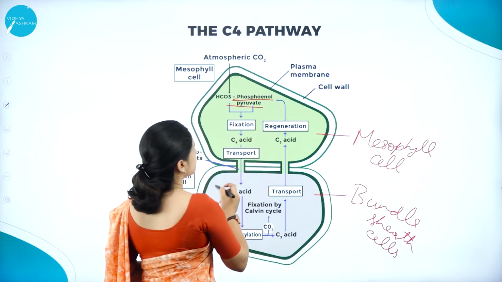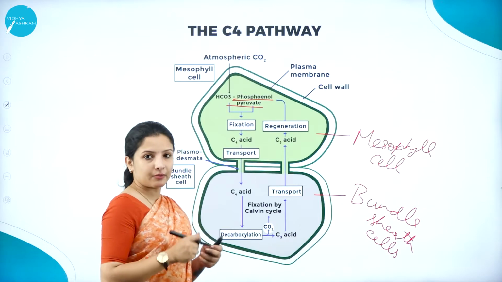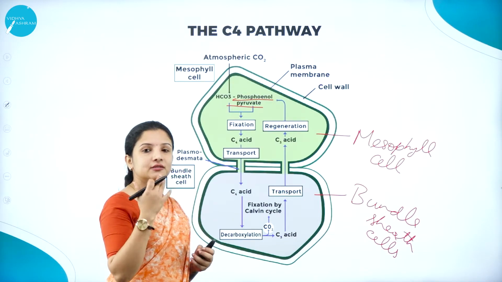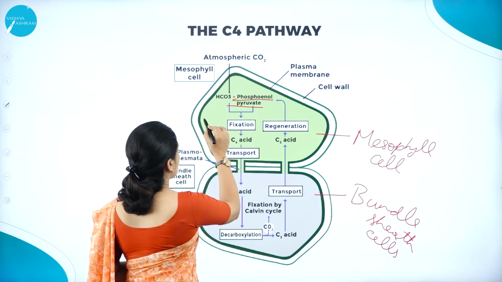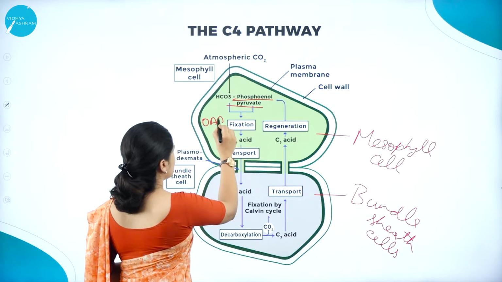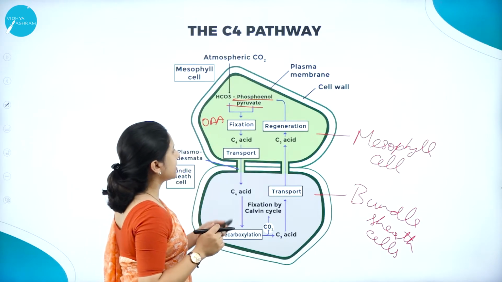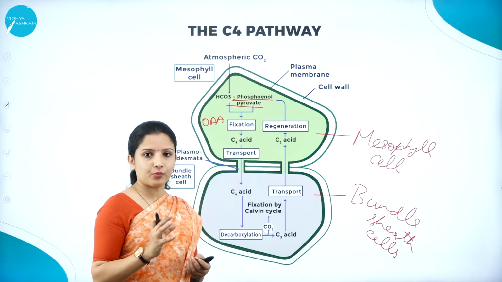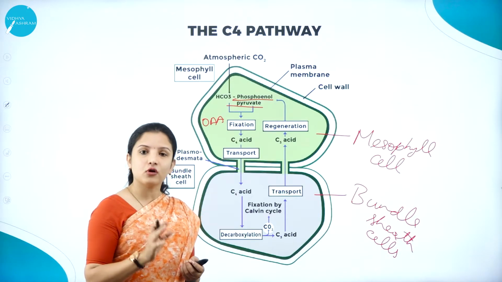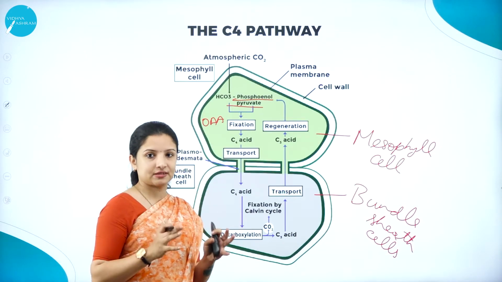This phosphoenol pyruvate fixes the carbon dioxide, wherein it gets converted into a stable compound called oxaloacetic acid, OAA. This oxaloacetic acid is a C4 compound, a 4 carbon compound, and it is stable.